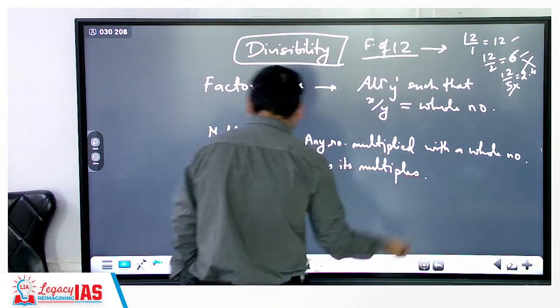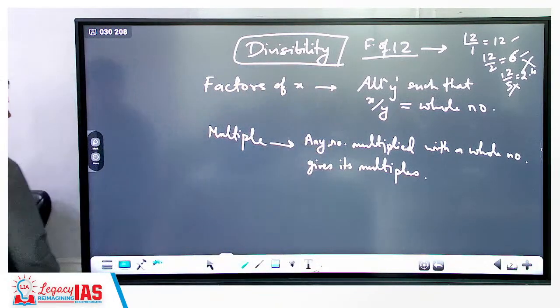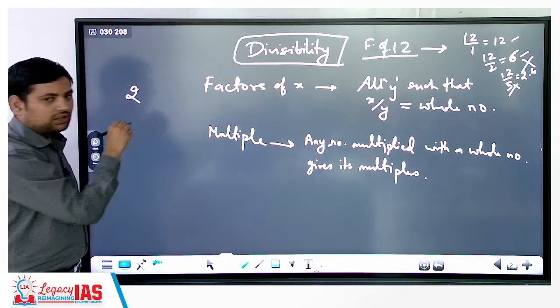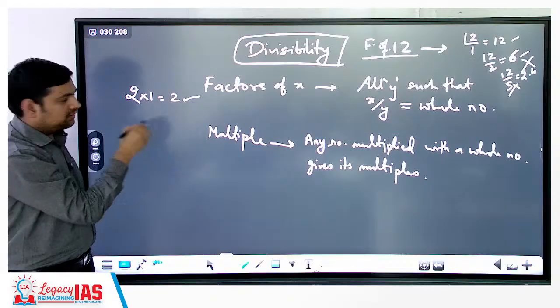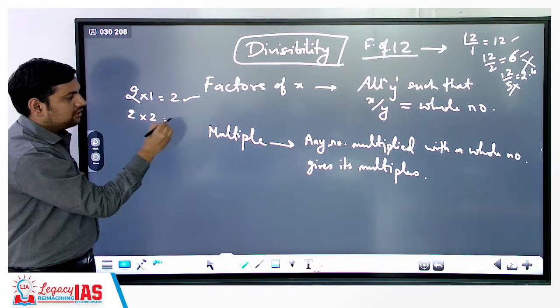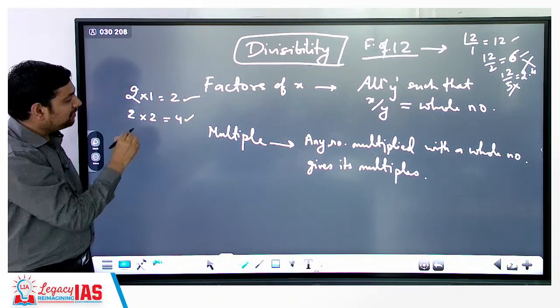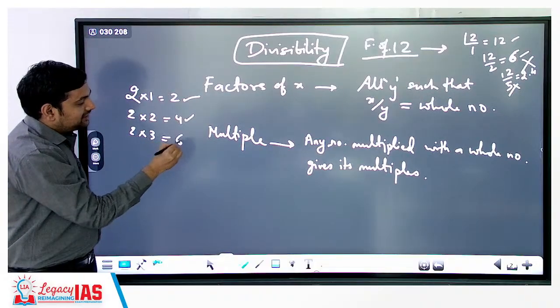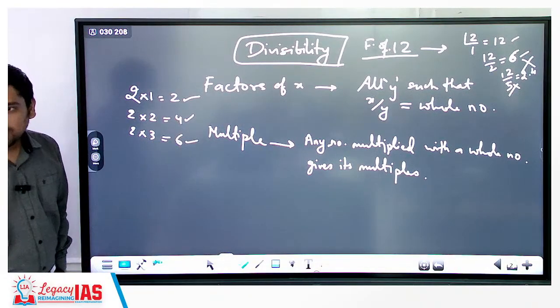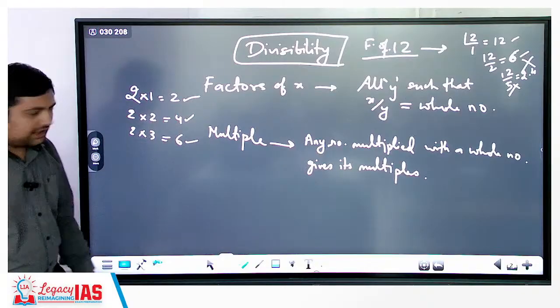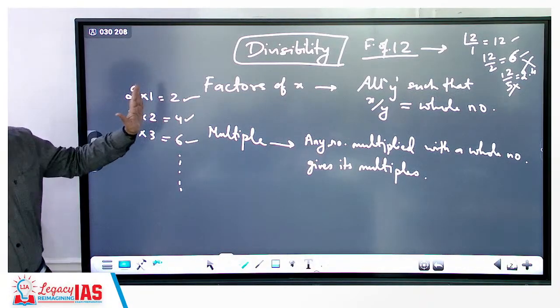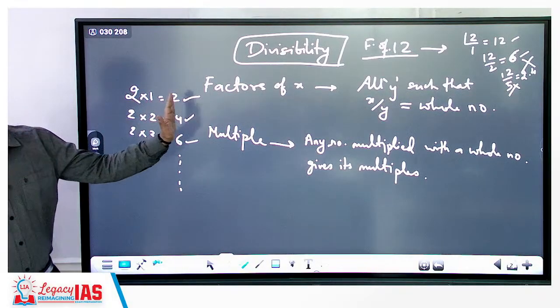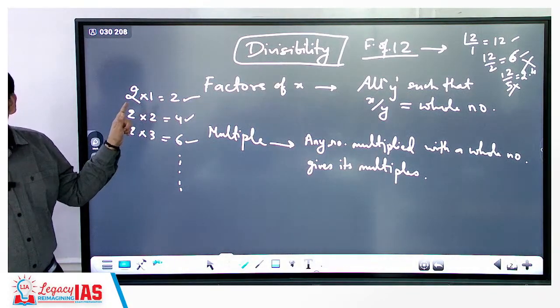For example, what you know as tables. Let's say 2. Now 2 multiplied by a whole number. So 2 ones are 2, a multiple of 2. 2 into 2 is 4. 4 is a multiple of 2. 2 into 3 is 6, a multiple of 2. Correct? 2, 4, 6, like that. Basically what you are doing, you're taking a number, multiplying it with any whole number, you will get a multiple of that particular number.